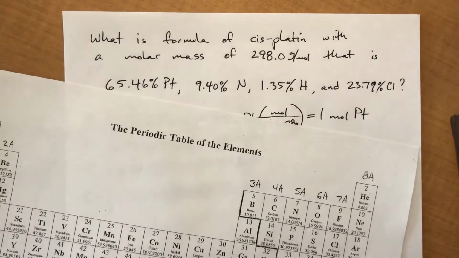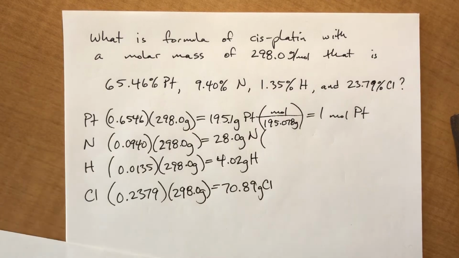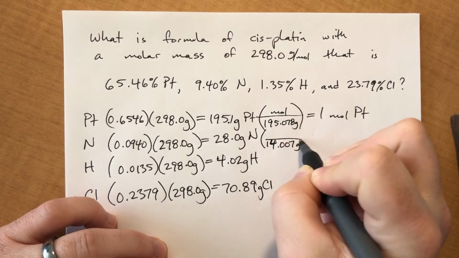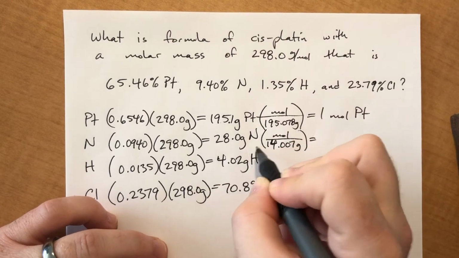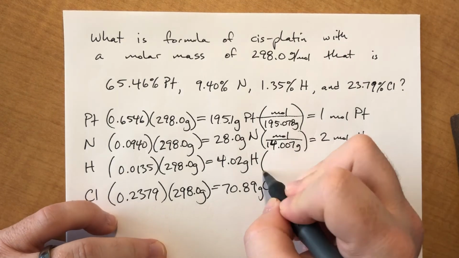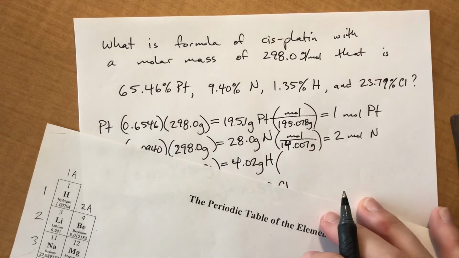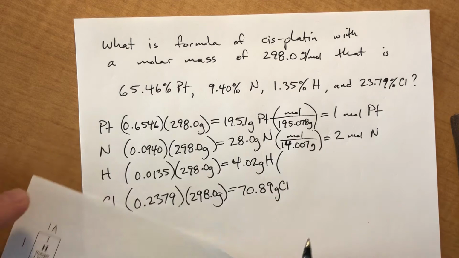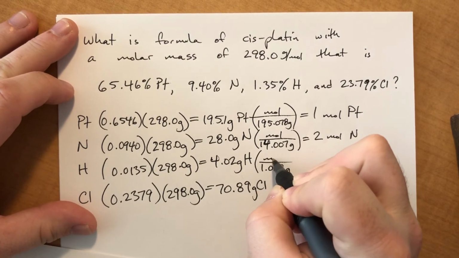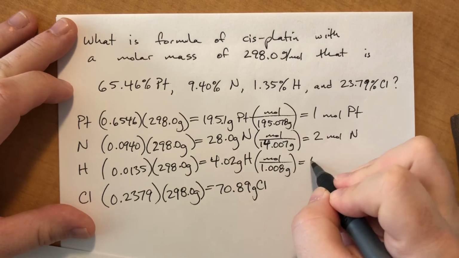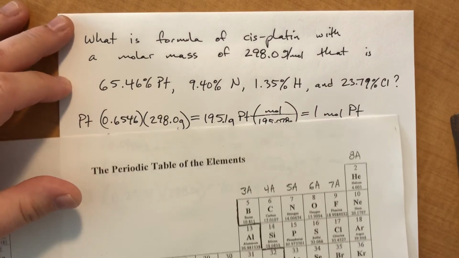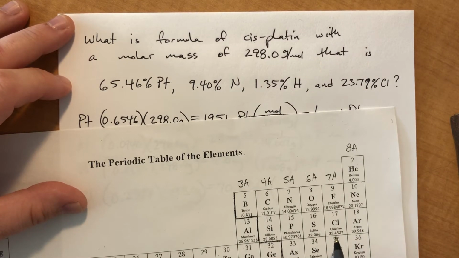Nitrogen, the value is 14.007. 28 divided by 14 is 2. Okay. Hydrogen is 1.008, so that basically comes out to 4 moles of hydrogen. Chlorine is 35.453.